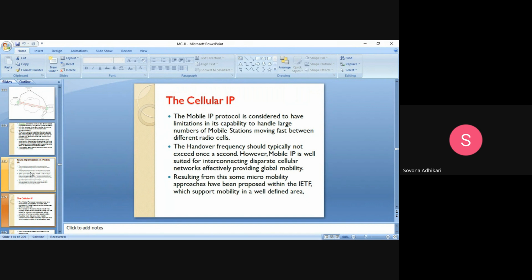Although mobile IP helps us to continue our communication while traveling, while moving from one place to another place, it has some drawback, that is, to handle a large number of mobile stations moving fast between different radio cells.